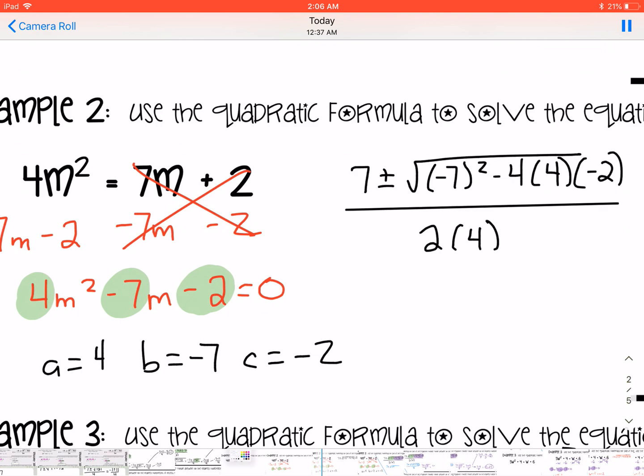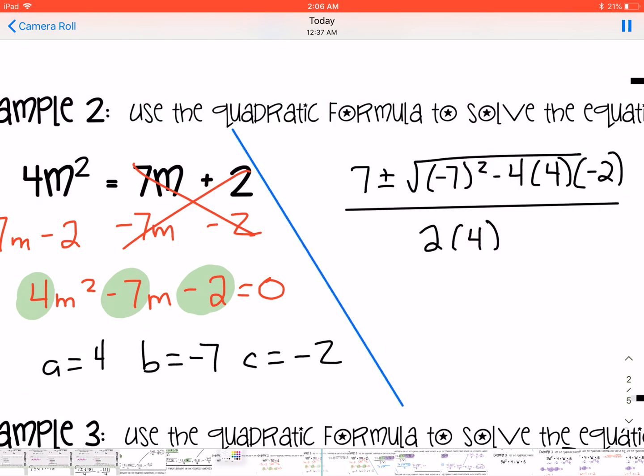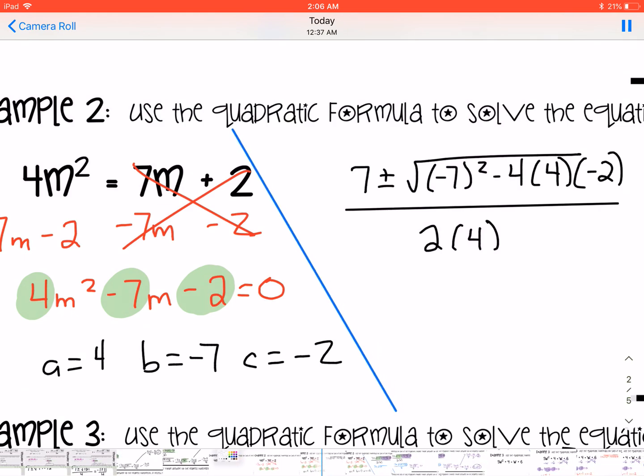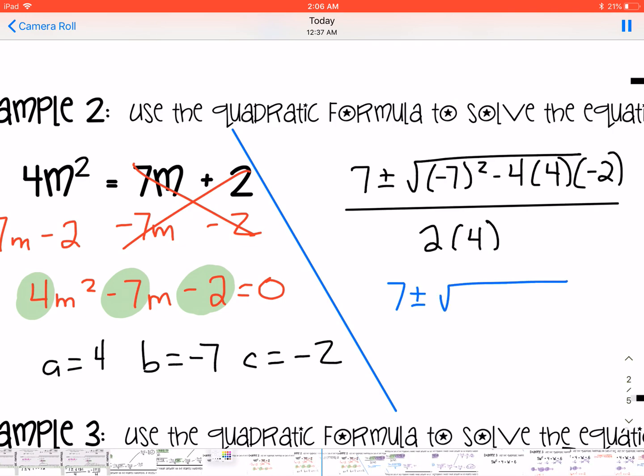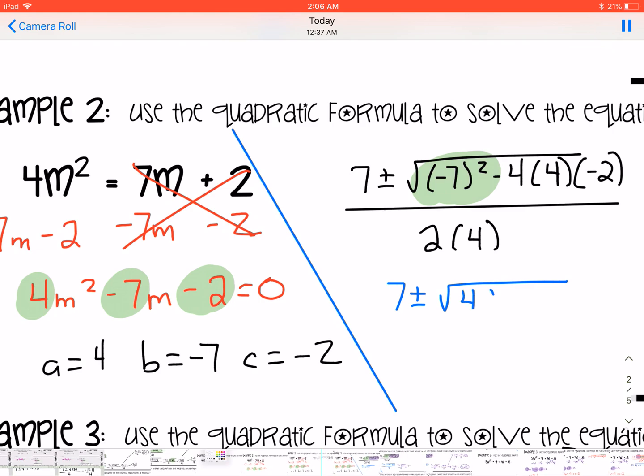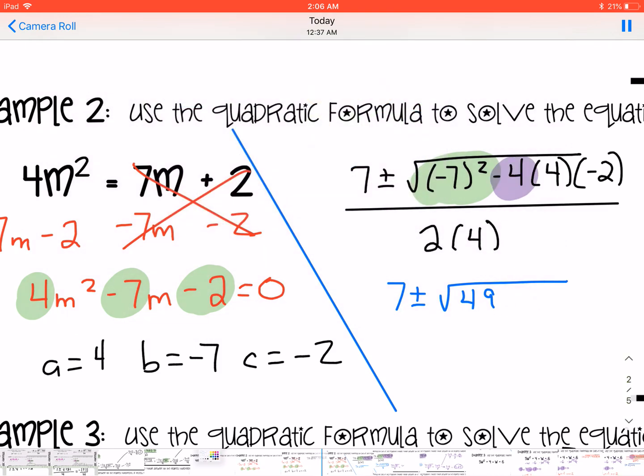I would then have to work on simplifying my radical. I'm going to draw a line here just so you guys can see what I'm doing. I'd have 7 plus or minus the square root. -7 squared would be 49. And then -4 times -2.